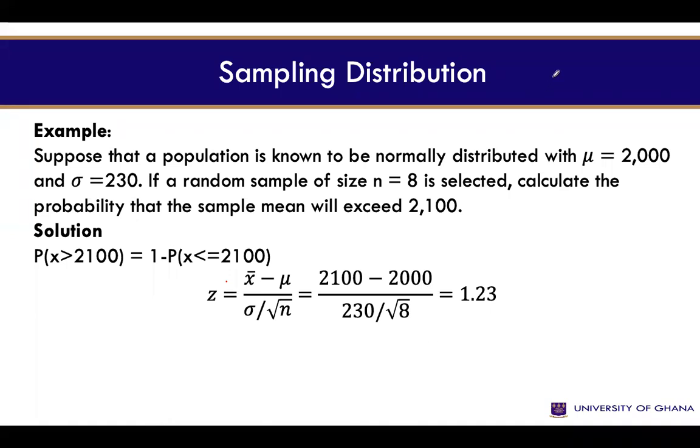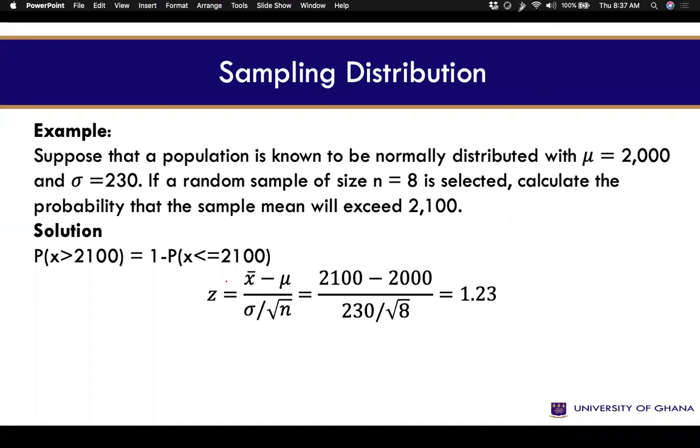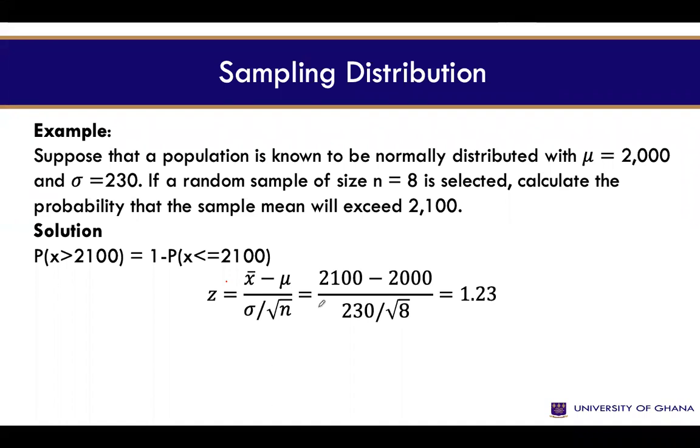Okay, so I thought that if the sample size is greater than 30 or 15, that's when you use the normal distribution. Okay, let's go back to the theorem. Let me just finish with this question and then I will explain what is happening here for you to see.